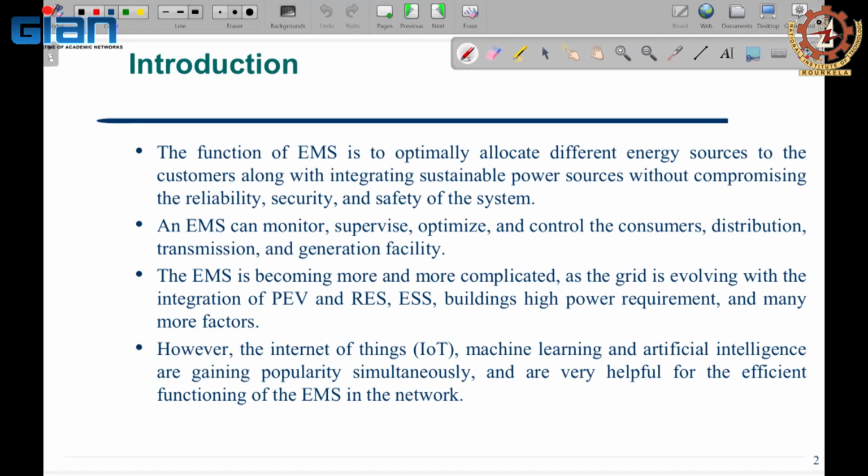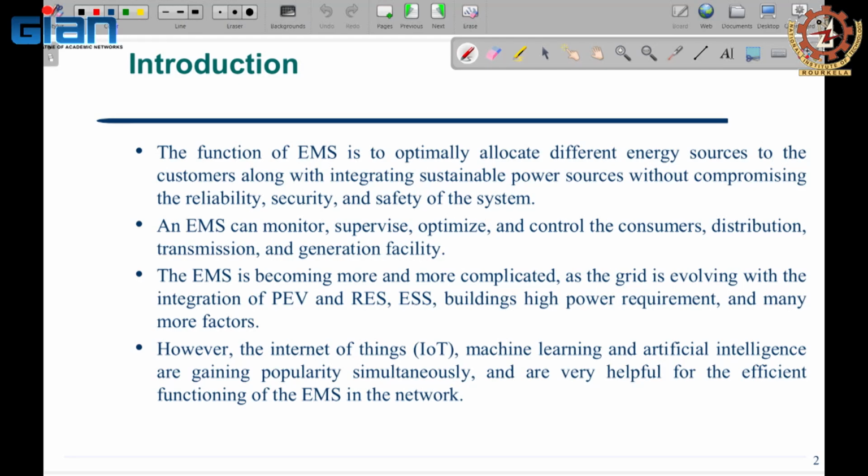Okay, so some of the general things, like what is the basic function of an energy management system. The function of an energy management system is to optimally allocate different energy sources to the customers, along with integrating sustainable power sources without compromising the reliability, security, and safety of the system.